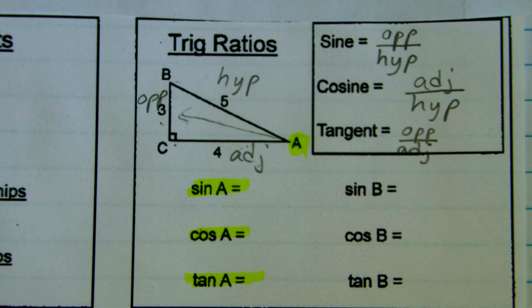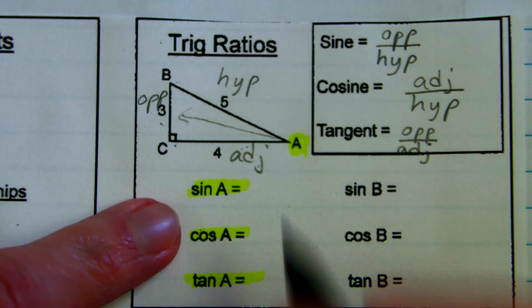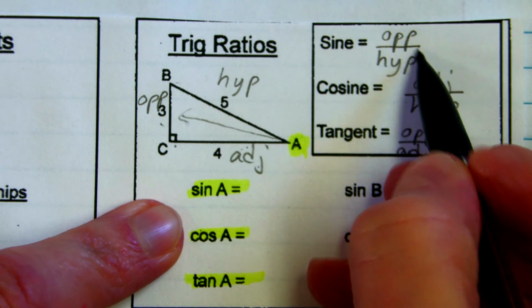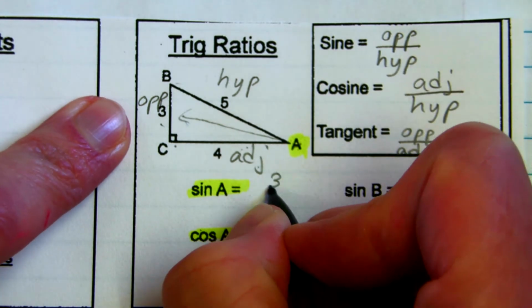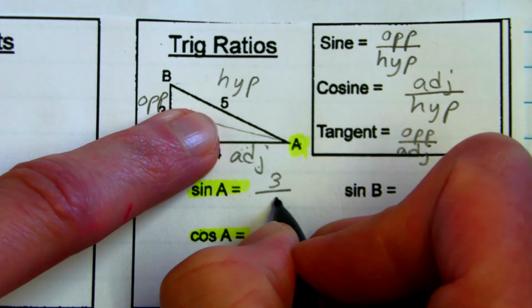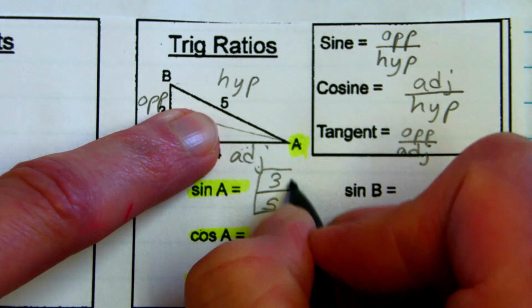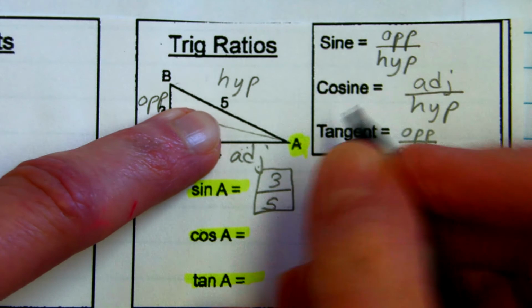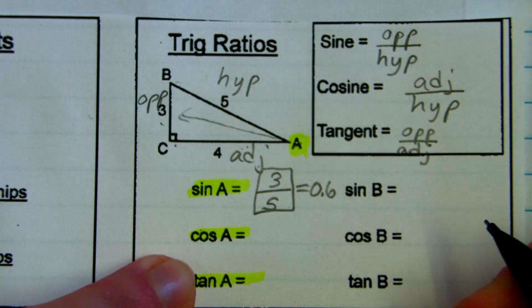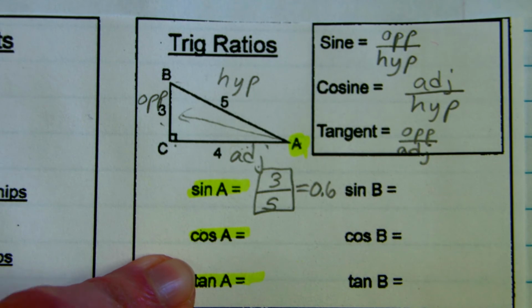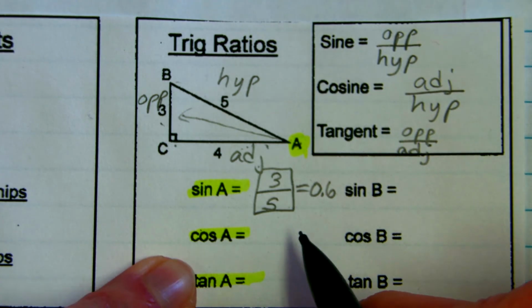Basically what we're going to do is write a bunch of fractions. So sine of A, sine is just opposite over hypotenuse. We said the opposite was this side over here, so that's 3, and the hypotenuse is 5, so my answer is 3/5. You can also change that to a decimal, make that 0.6, but we're not going to go into that today. We're just going to leave them as fractions.